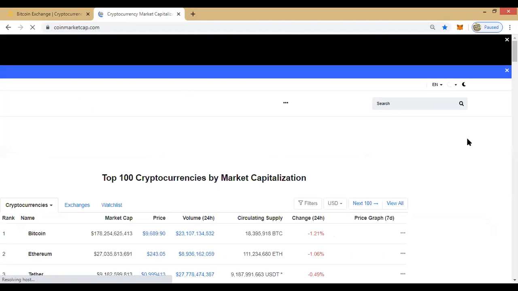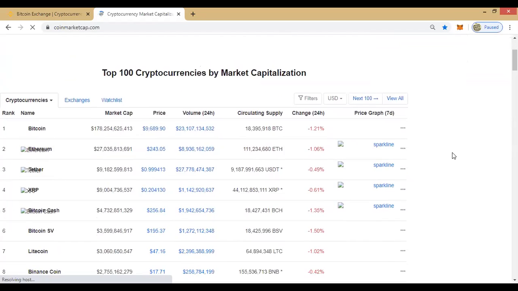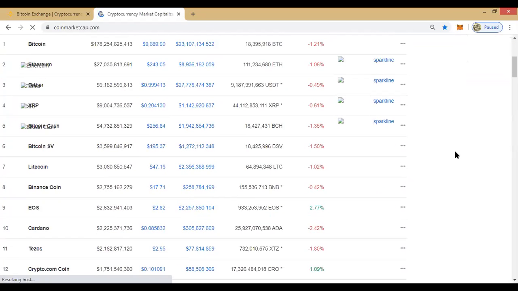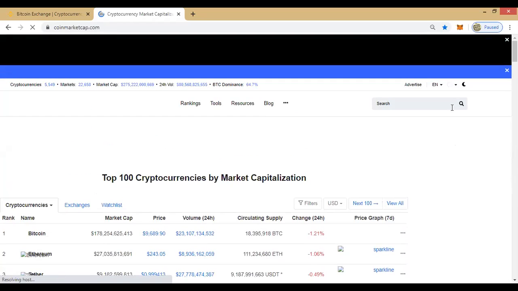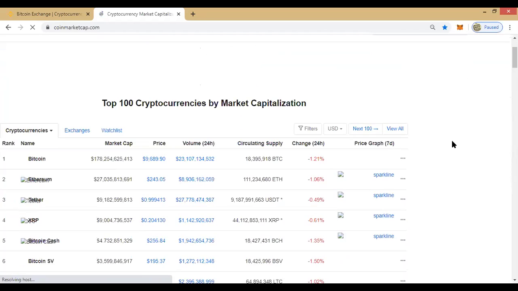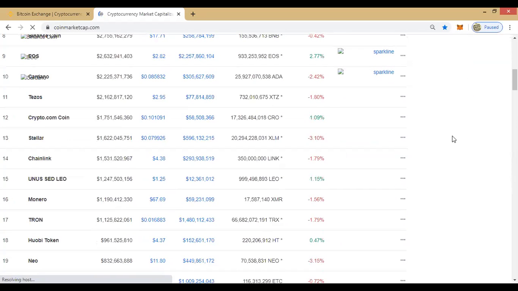All right, so here is coinmarketcap.com. You can see, even though the website is still loading, we can still proceed with our introduction. The website has not fully loaded, hence it's looking like this. This is not how it looks. It's more beautiful than it currently is.